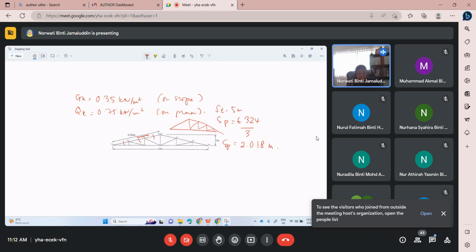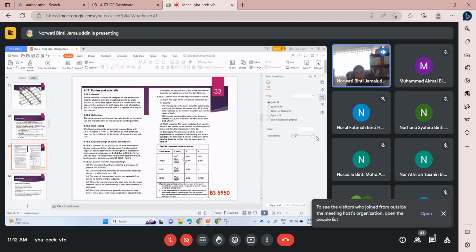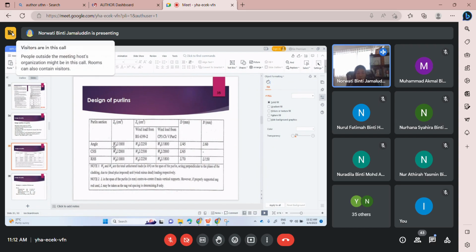Now we want to design purlin. So for purlin, refer to your notes. To design purlin, what do we need? We need the size. If we follow the empirical method, we need to refer to table 29. Okay, we are using angle, right? The example insists on using angle section, so we need to obey certain requirements.